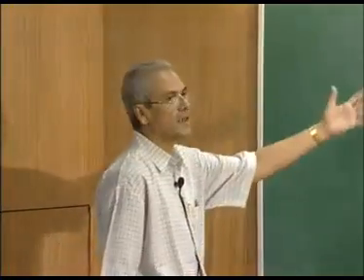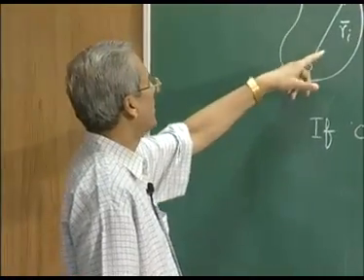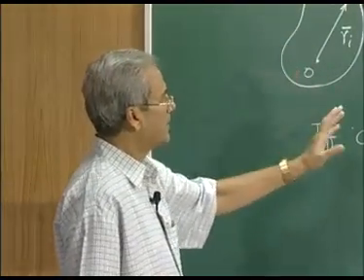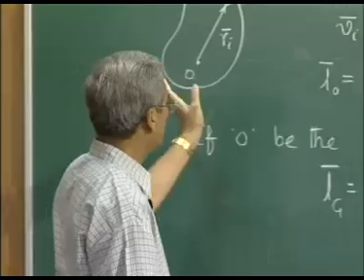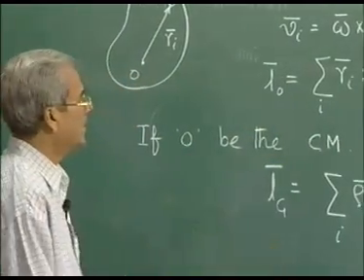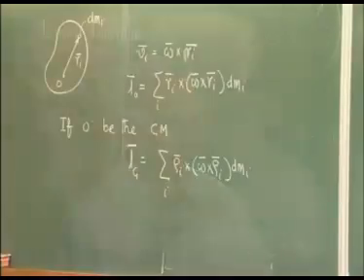So, these are the two cases where a point on the rigid body is fixed, and in a special situation when that particular point is the center of mass. We will require these expressions at a later time.